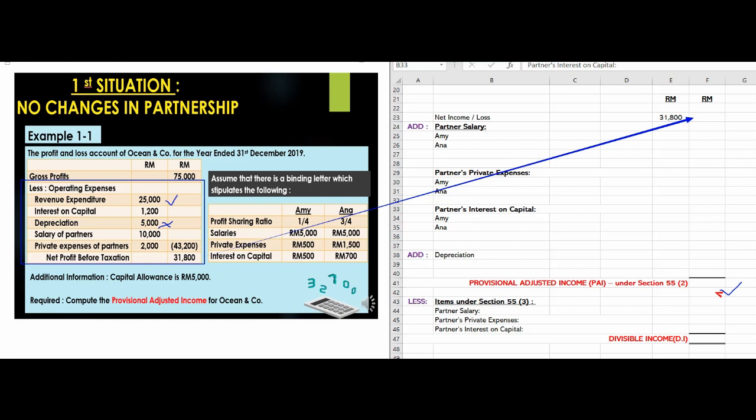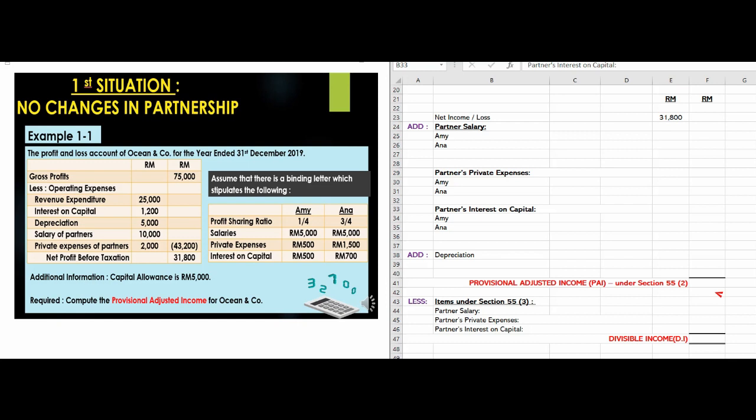So we already put the net profit before taxation here, and the capital allowance part. The capital allowance part, we are going to allocate to each partner. Let's continue.